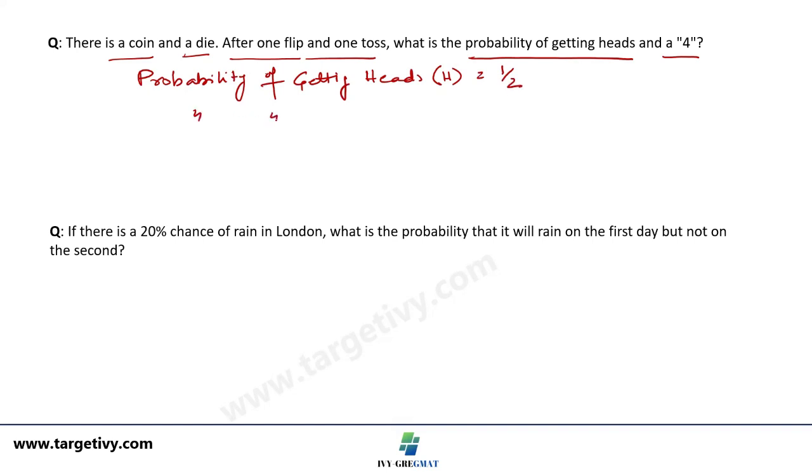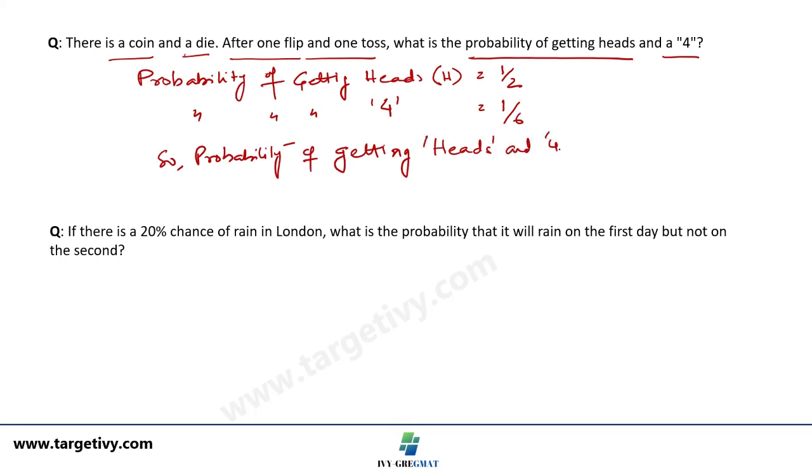The probability of getting a 4 when we toss a dice is 1 by 6. So the probability of getting heads and a 4 is 1 by 2, because they are independent events, multiplied by 1 by 6, which is equal to 1 by 12.